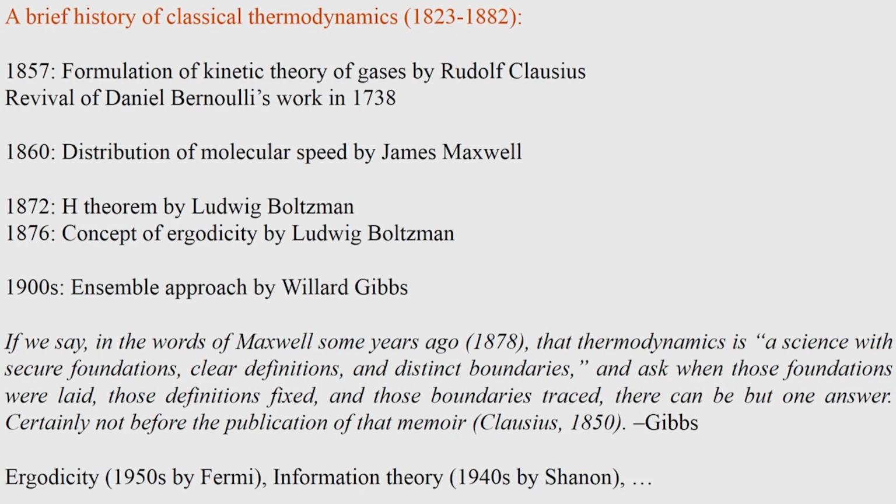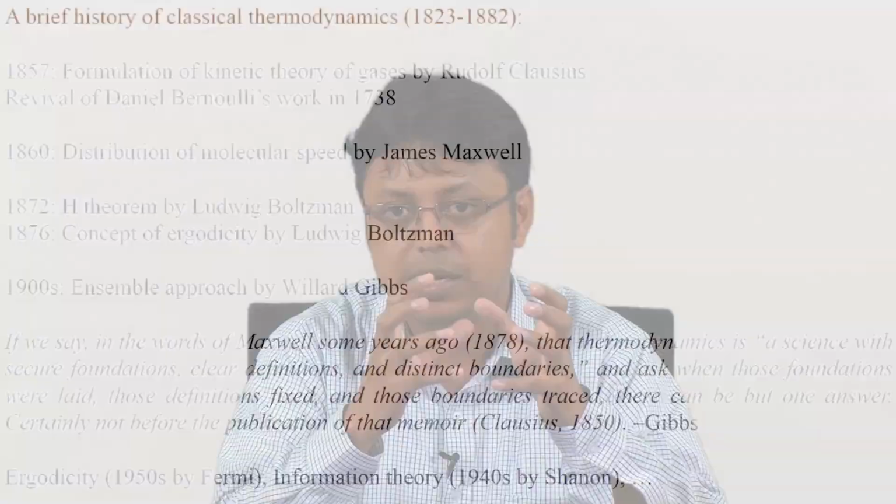Now, this particular work of Gibbs and others laid the foundations of many other branches in science. For example, this ergodicity was later rediscovered or reformulated by Enrico Fermi, who was working on a coupled spring problem, and he was trying to see, if the ergodicity is valid, how the energy flows if I dump energy in a particular spring which is connected to many springs.